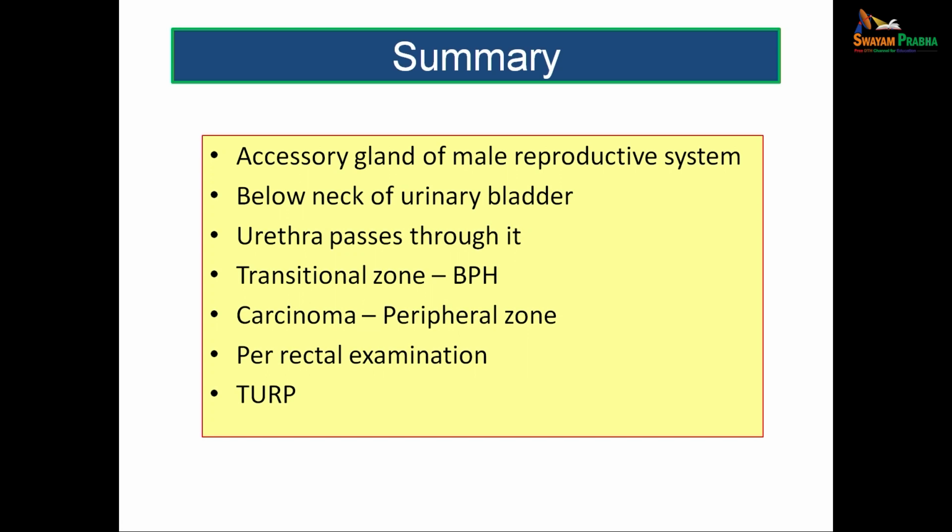It has a transitional zone which is prone to benign prostatic hypertrophy, and a zone in the periphery called the peripheral zone which is prone to carcinomatous change. The prostate can be easily examined by a per-rectal examination, and the commonly used procedure for removal of the prostate nowadays is transurethral resection of prostate or TURP.